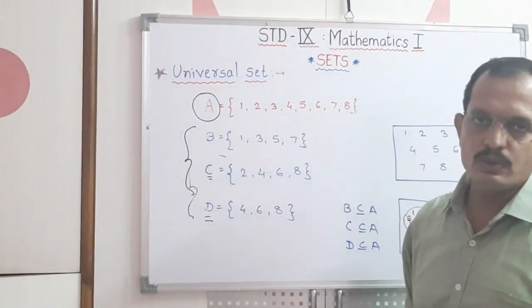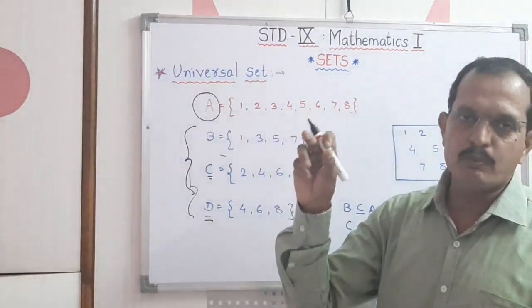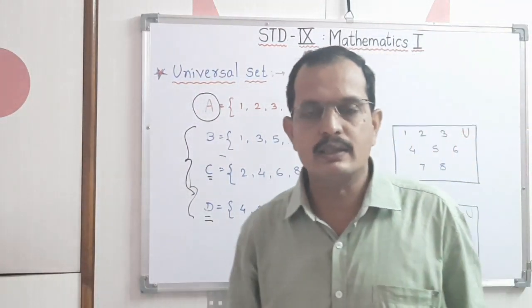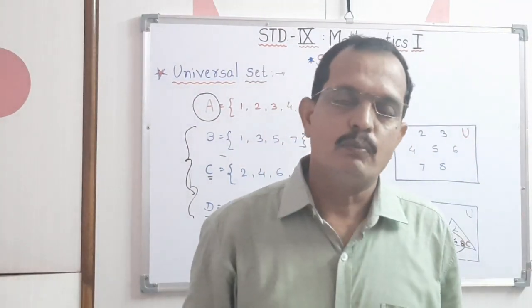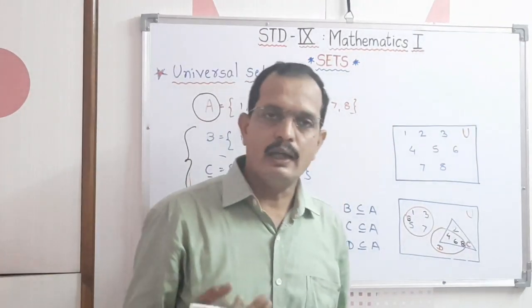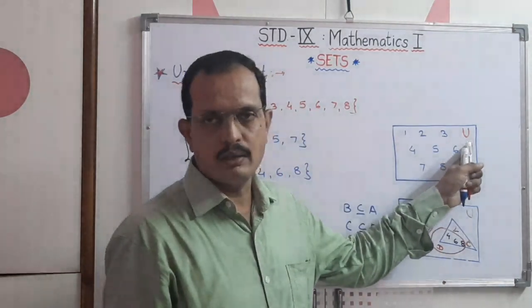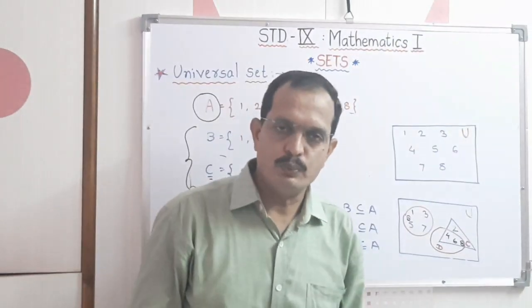I think, student, you got the point about the universal set. Always remember, to represent the universal set by a Venn diagram, we have to draw a rectangular figure, and second, you have to represent it by the letter U.